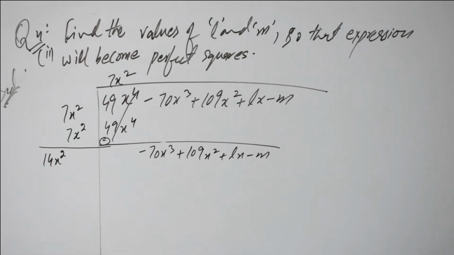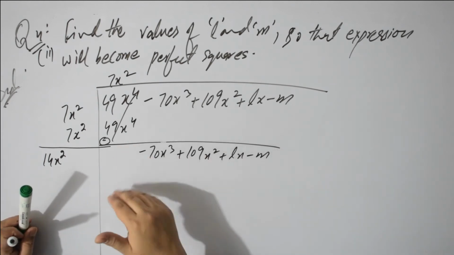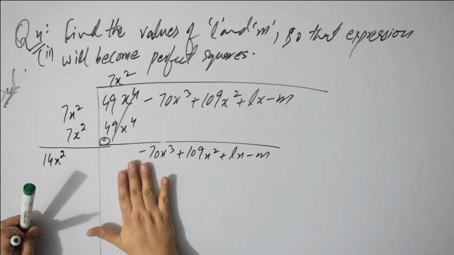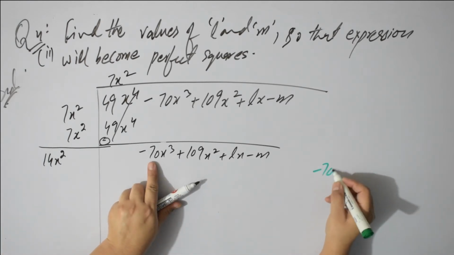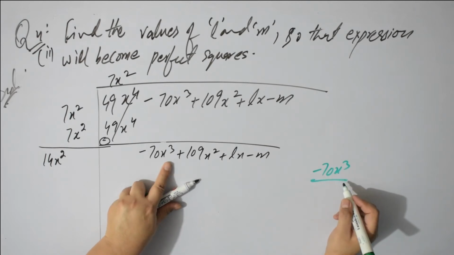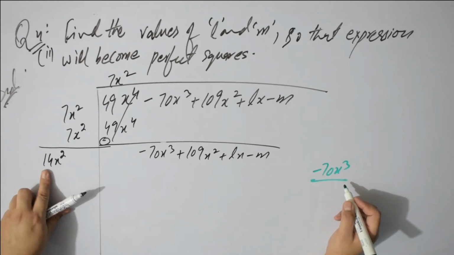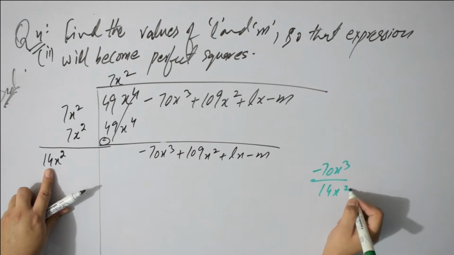Then the turn of your second, obviously you will now solve its second part. For the second part you will need a quotient. So how will we write the quotient? This first term, minus 70x cube, divide this first term by this divisor 14x square.